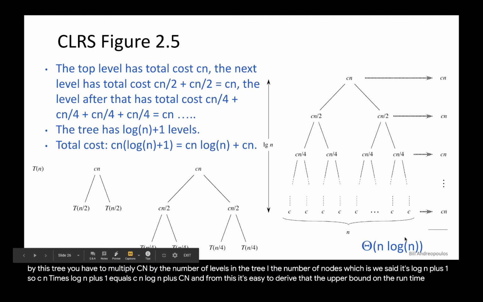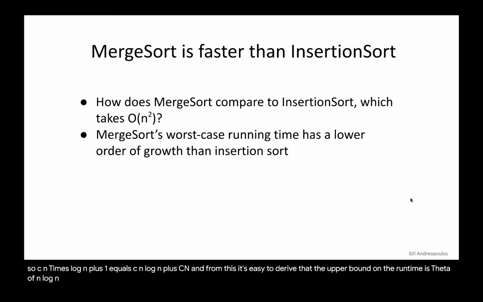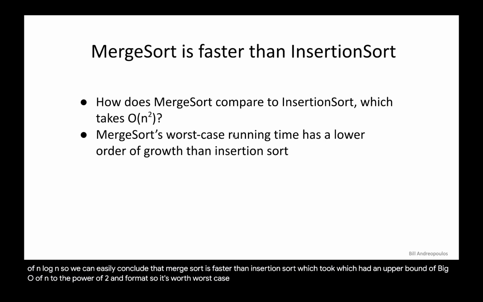So we can easily conclude that merge sort is faster than insertion sort, which had an upper bound of big O of n squared. And that means that its worst case runtime has a lower order of growth than insertion sort.